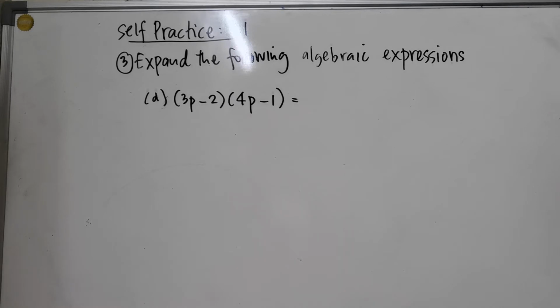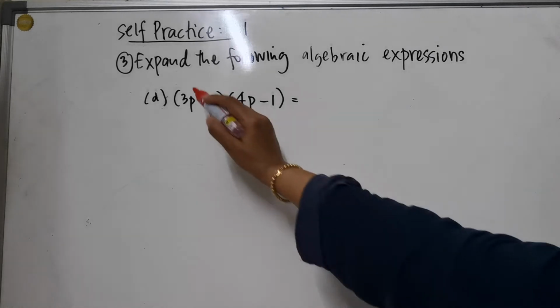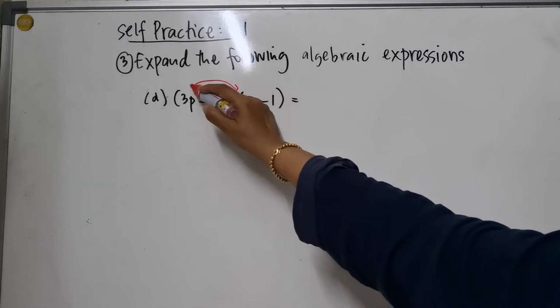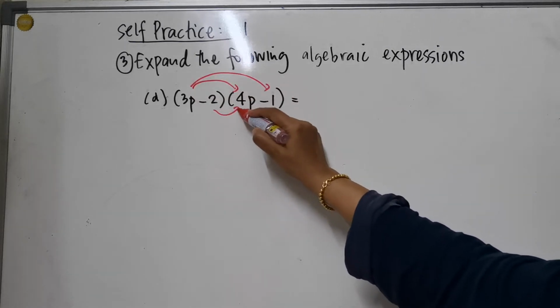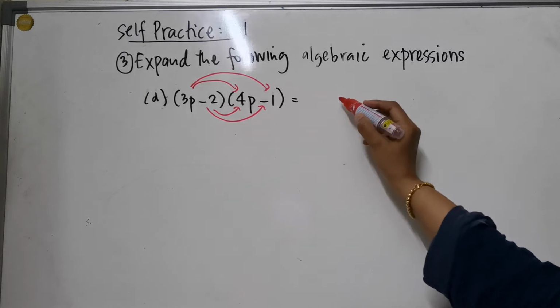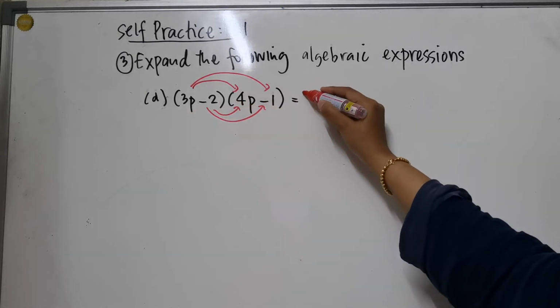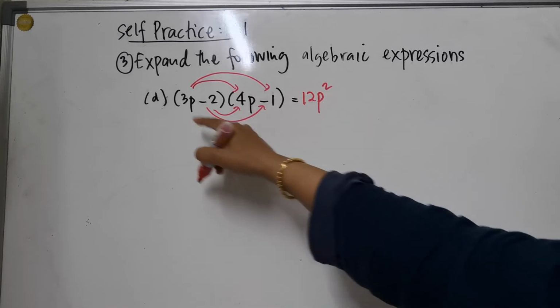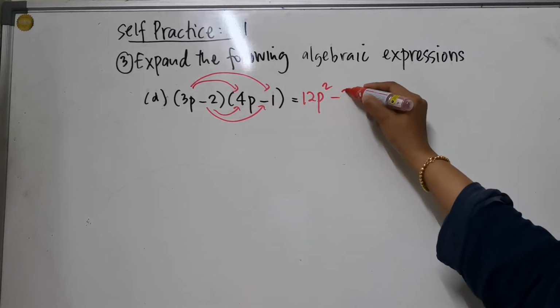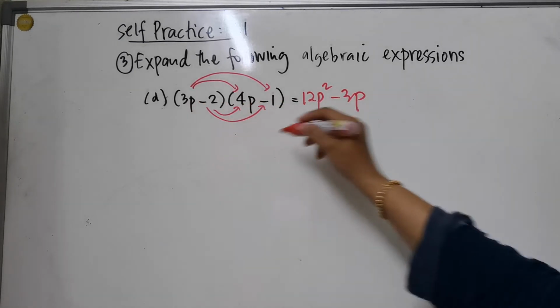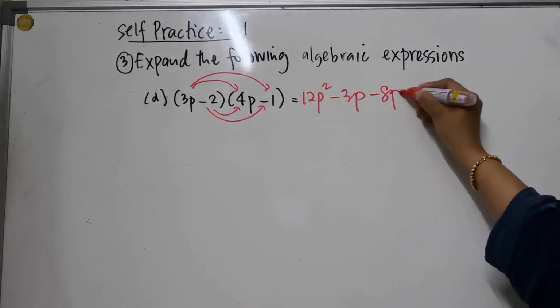Okay, next one. The D. Okay, I prefer to use the arrow so that I can see. 3p times 4p, 3 times 4, 12p square. 3p times negative 1, negative 3p. Negative 2 times 4p, negative 8p.